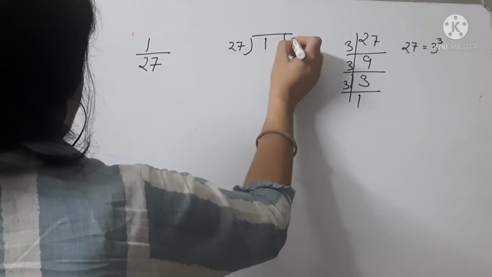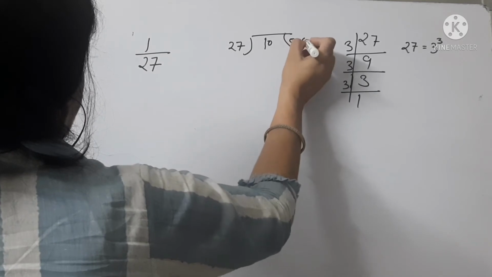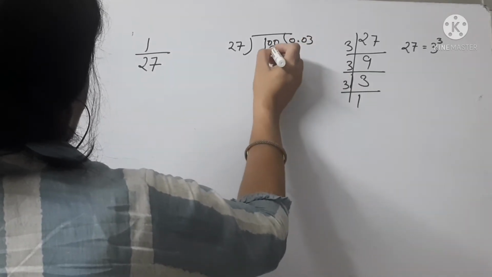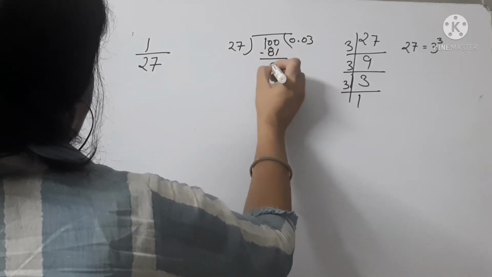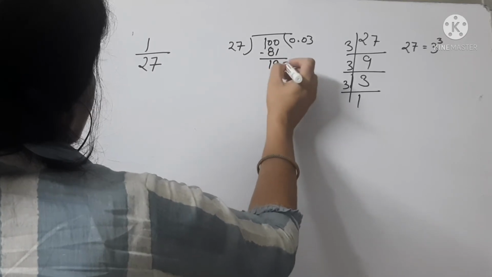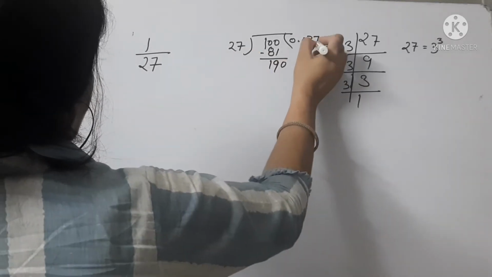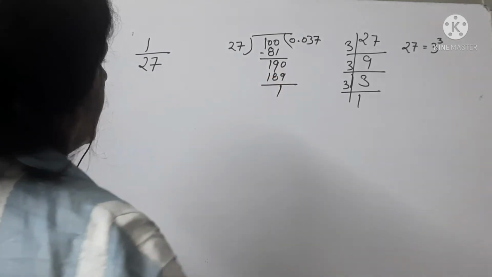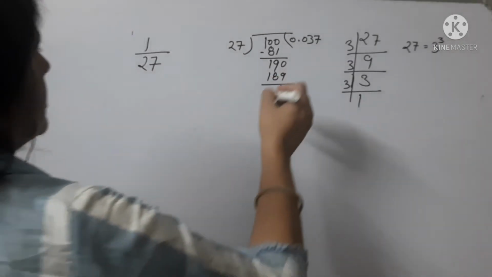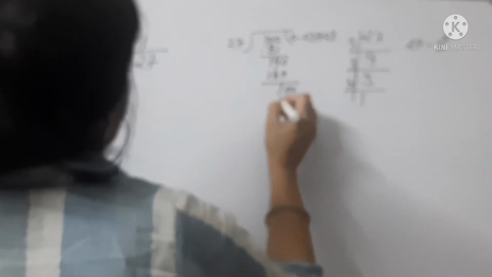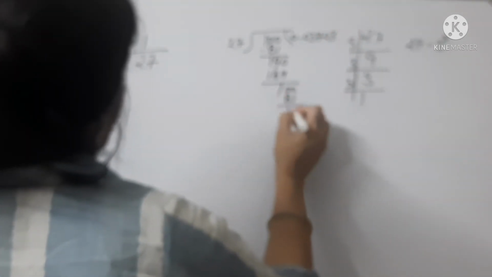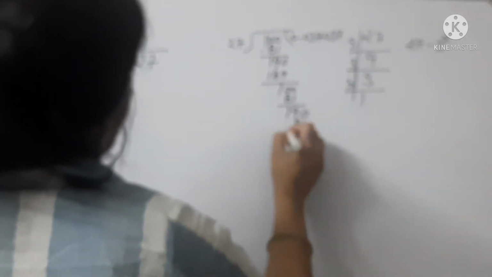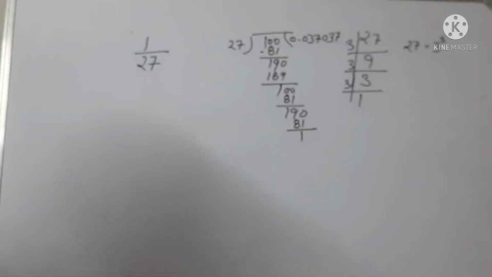27, 0 point, there 0, not divisible, 0, then 3s are 81. By subtraction, 19 is the remainder. Once again we put 1 0, 7s are 189 and the remainder is 1. So now again 0 and 3s are 81, now 19, 0, 7s are 189. Again the remainder 1 repeats there.